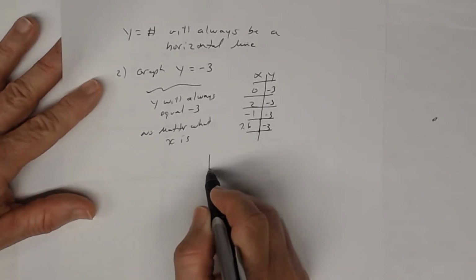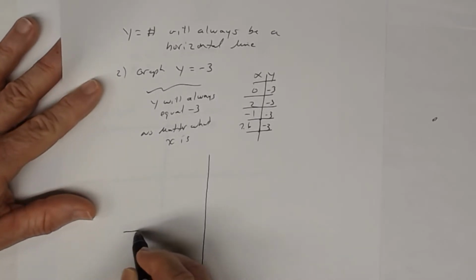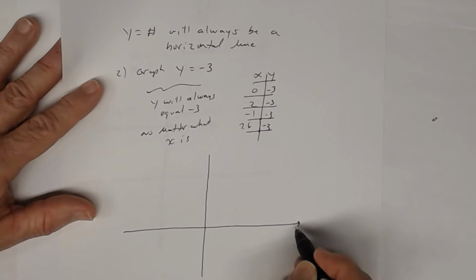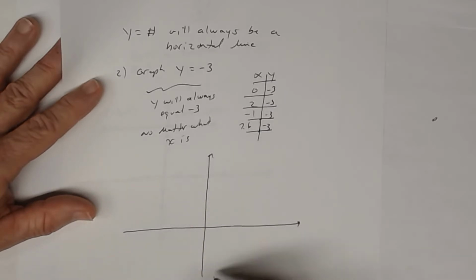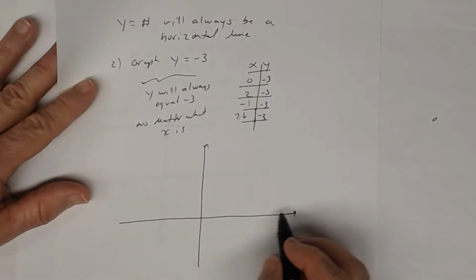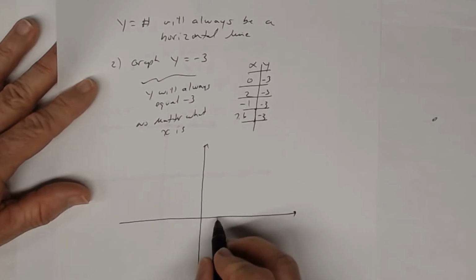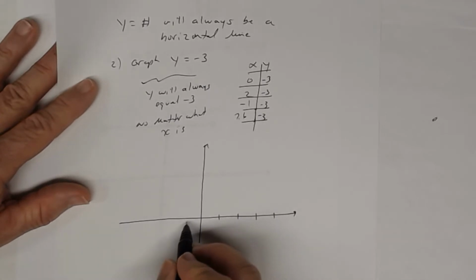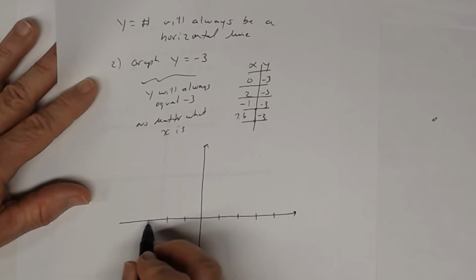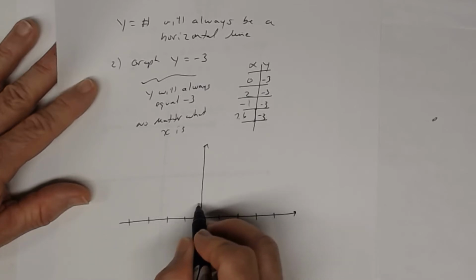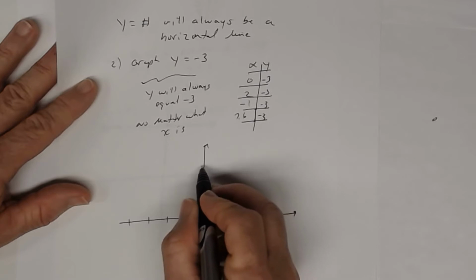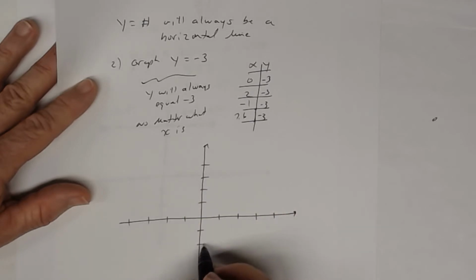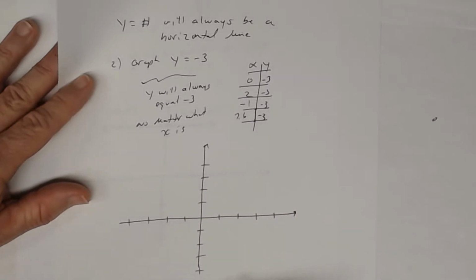And so if you do that on a coordinate grid again, I'm doing it by hand just to show you what to do, okay? Because some of you don't have grid paper. So here's 1, 2, 3, 4, negative 1, negative 2, negative 3, negative 4, and the same on the other axis.